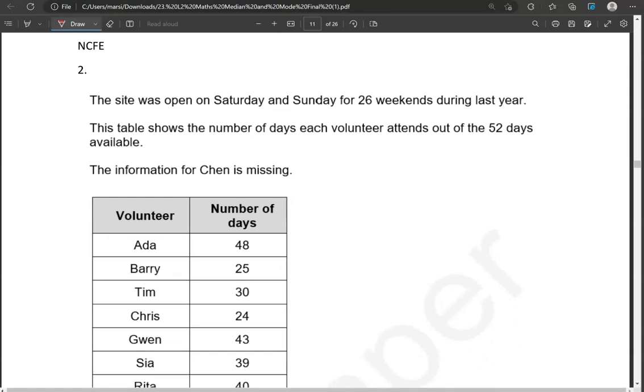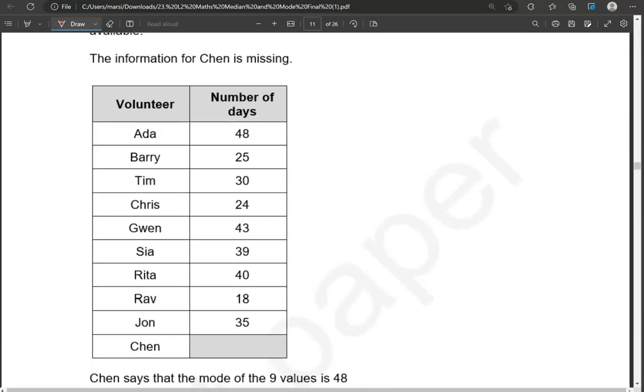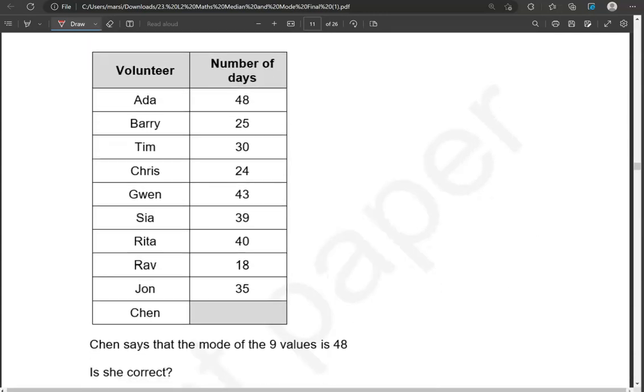The site was open on Saturday and Sunday for 26 weekends during last year. This table shows the number of days each volunteer attends out of the 52 days available. The information for Chen is missing. Chen says that the mode of the 9 values is 48. Is she correct?